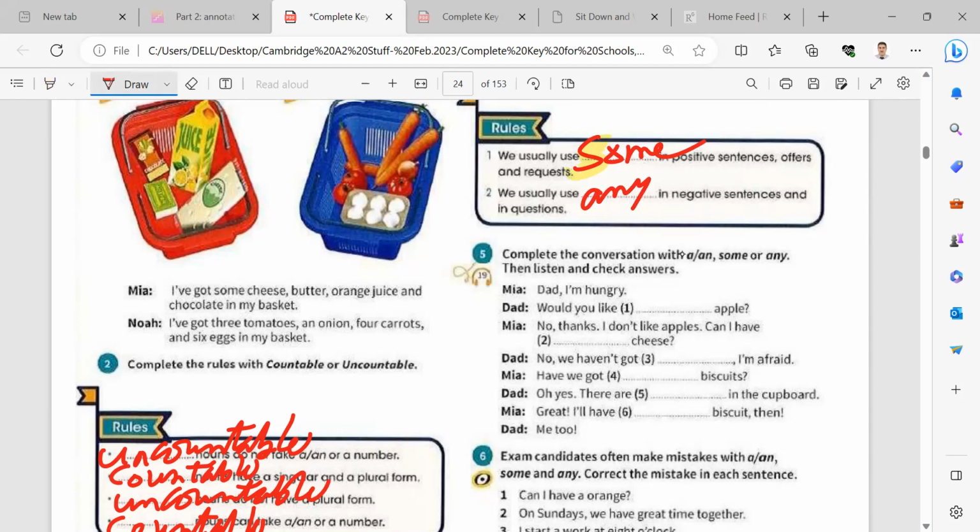Exercise 5, please, Nawaf. I give you a chance to do this, then I'll play the audio for you. Can you do this before listening, please? Use a or an, some or any. You have 4 options. Go ahead.